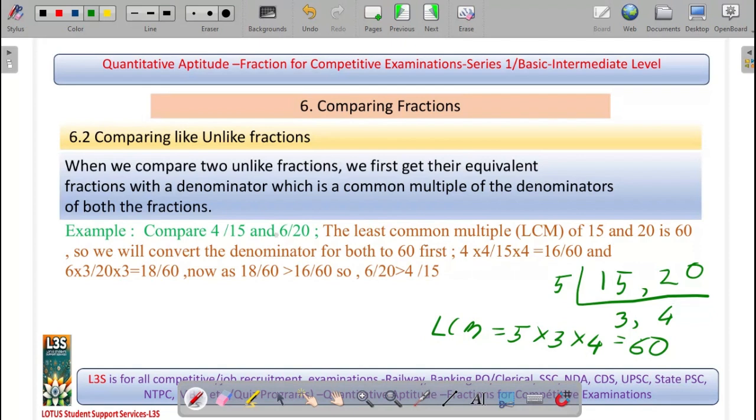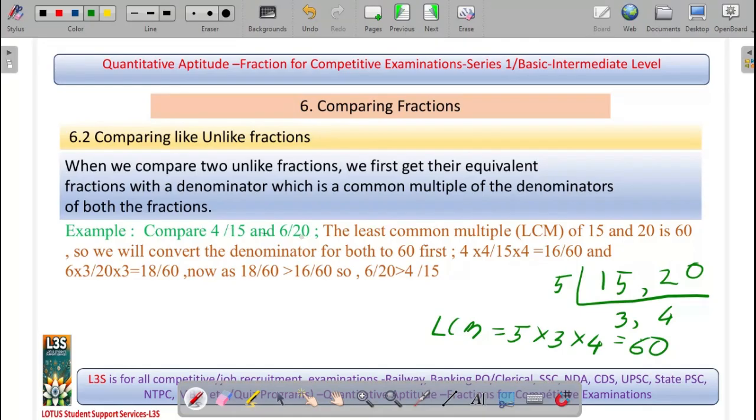Now we will convert both fractions to denominator 60. For that, we multiply 15 into 4, and similarly 4 into 4, so we get 16 by 60 for the first one.